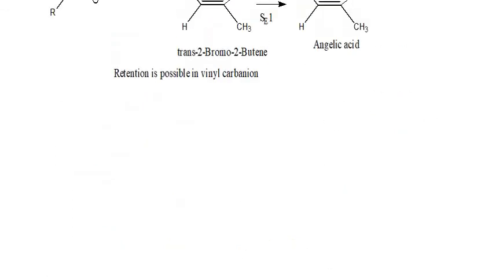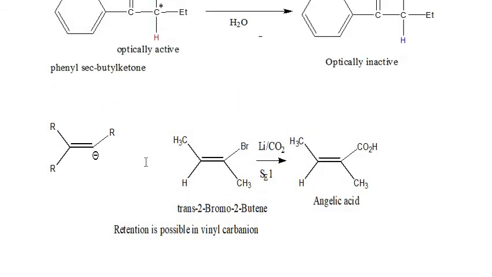Here we can see the example in which the vinyl compound retains its structure, and retention of configuration occurs here. Here in place of Br, a CO2H group is assigned.